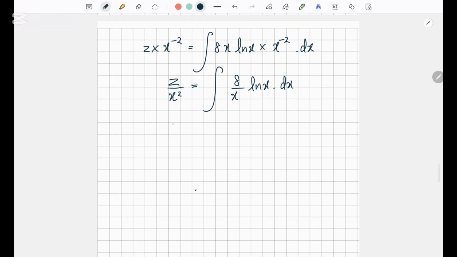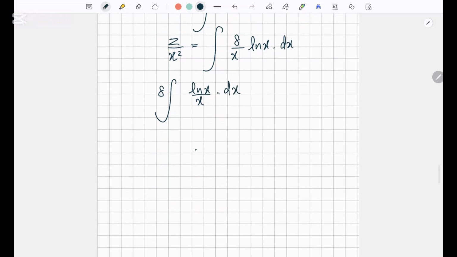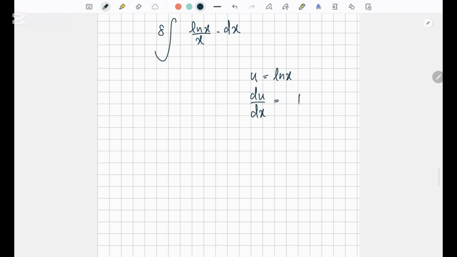So we could take 8 out, and all we have to integrate is ln x over x. So you could take a substitution of u equals ln x, du over dx equals 1 over x. So then x du equals dx.